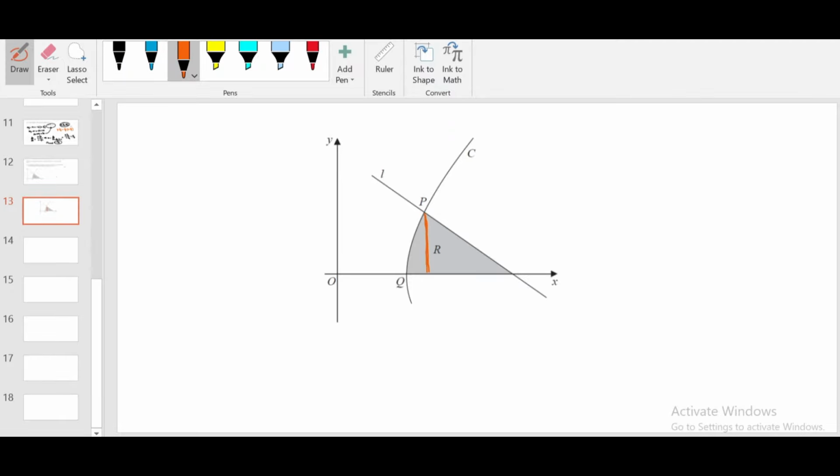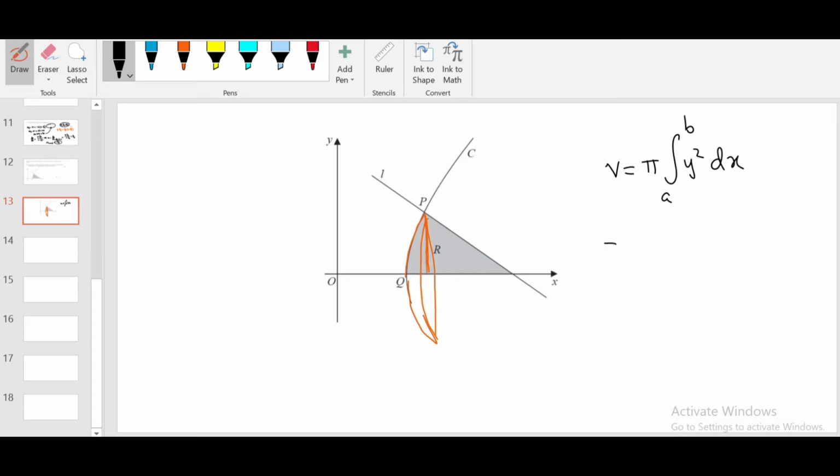So when you rotate this shape, you will get this actually. The volume of this shape. To find the volume of this shape, the formula is V is equal to pi integral y square dx, a to b.